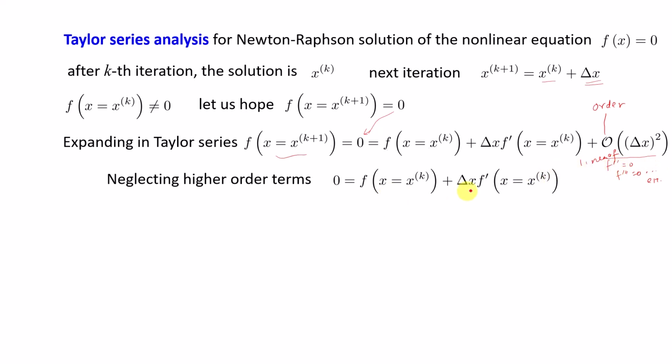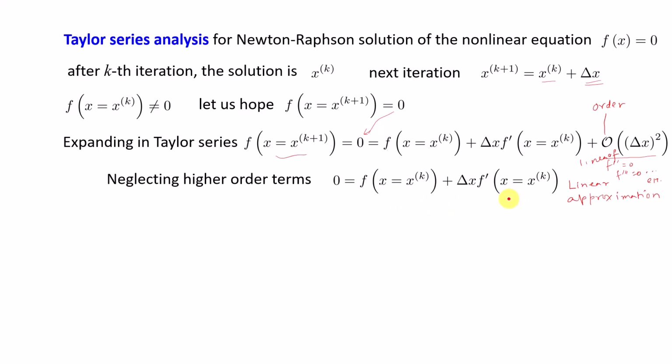So when I am neglecting the higher order terms and taking only f plus delta x f prime, essentially my assumption is that this function f is linear. So this is my linear approximation, which we have discussed previously. Neglecting higher order terms is the same as saying that this is a linear approximation.